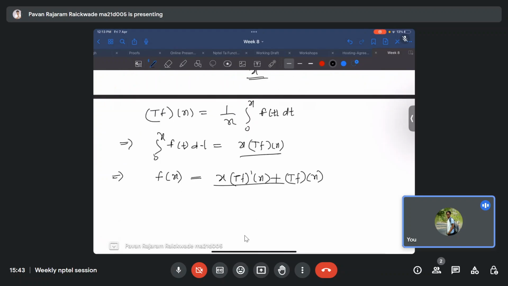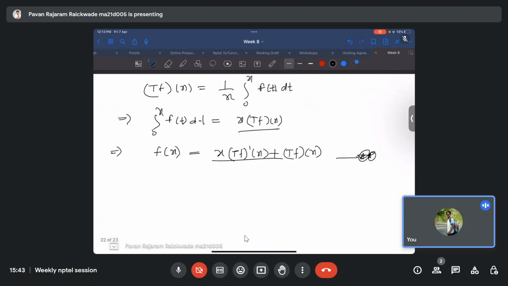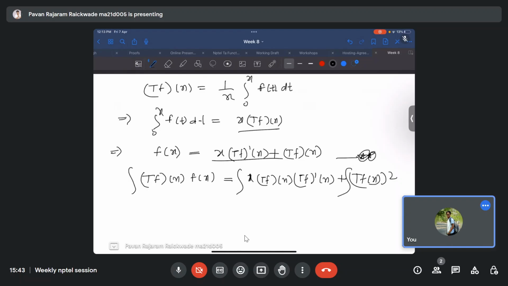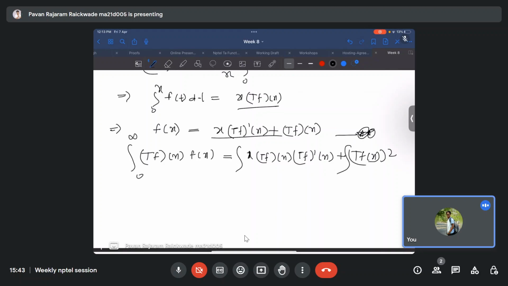Okay, so we have this equation. How about we just multiply this equation by Tf again? So Tf(x) into f(x) equals x into Tf(x) into Tf'(x) plus Tf(x) squared. And now if we integrate, here we have integral 0 to infinity of Tf(x) f(x) equals this.